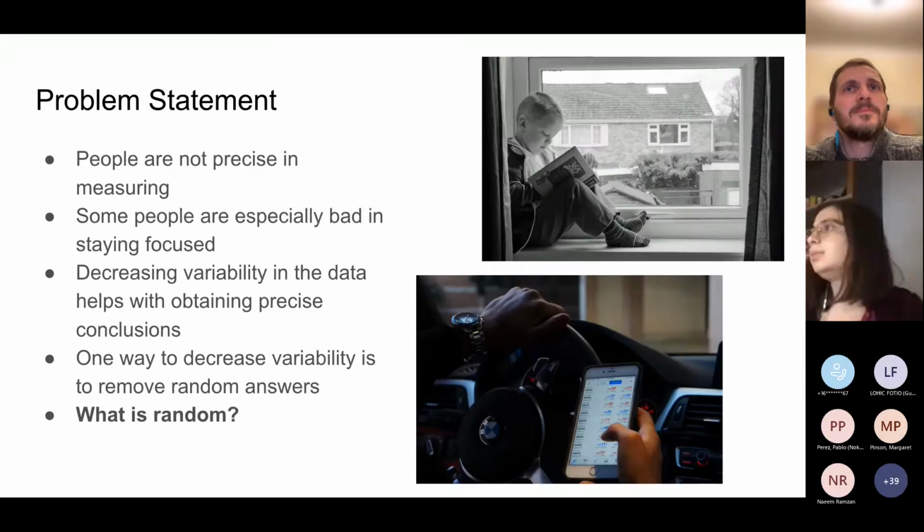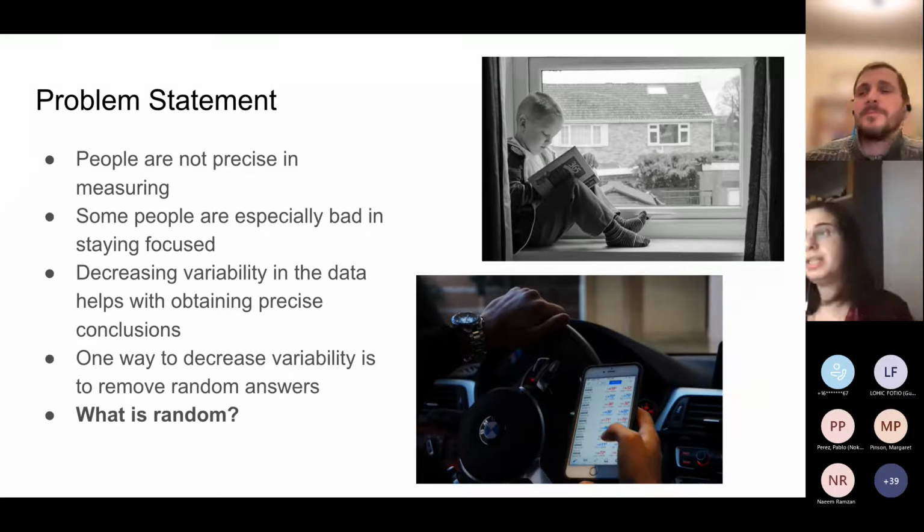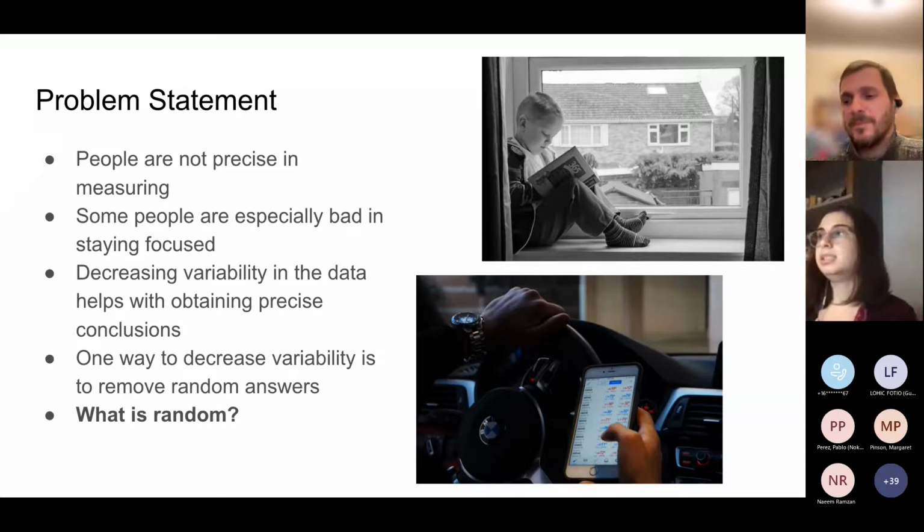Now, the problem statement is the problem of outlier detection and subject removal. We know that people might not be precise in measuring the type of distortion that we want to measure. This can be brought about, for example, by the inability to stay focused during the experiment, or some misunderstanding in the way that the rating is explained and then conducted by the subject.